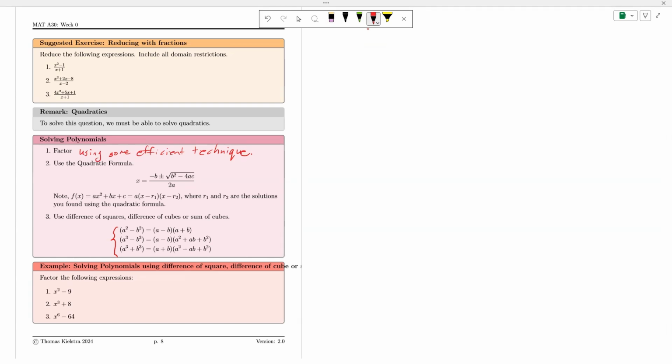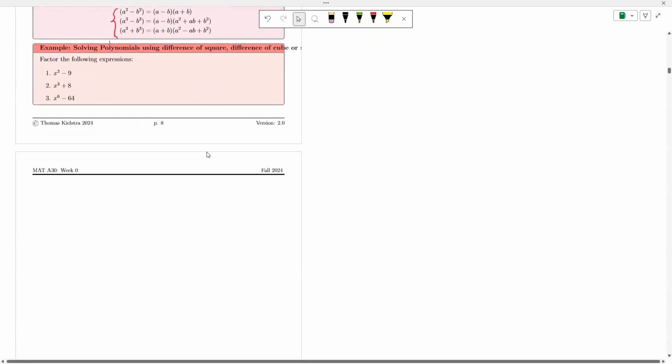Now, to give you some experience with using this difference of squares and difference of cubes, we're going to go through three examples. In our first example, we have a classic difference of squares: x squared minus 9. Well, the square root of x squared is x, and the square root of 9 is 3. So this gives us x minus 3 and x plus 3.